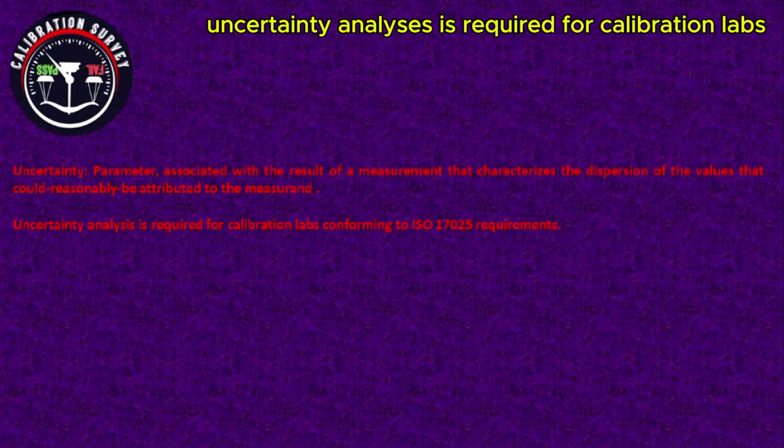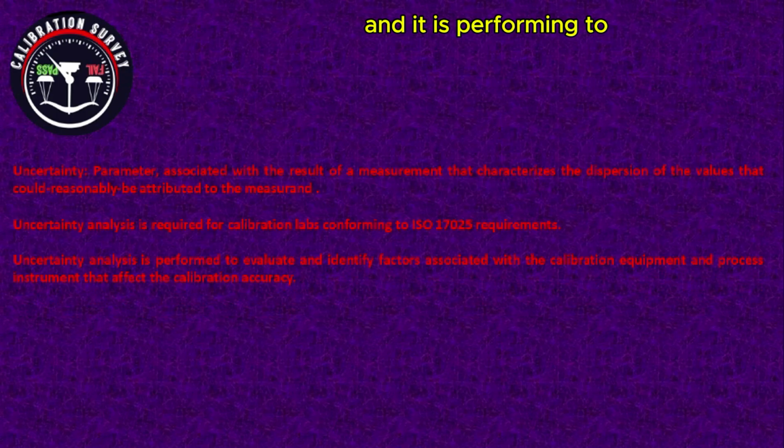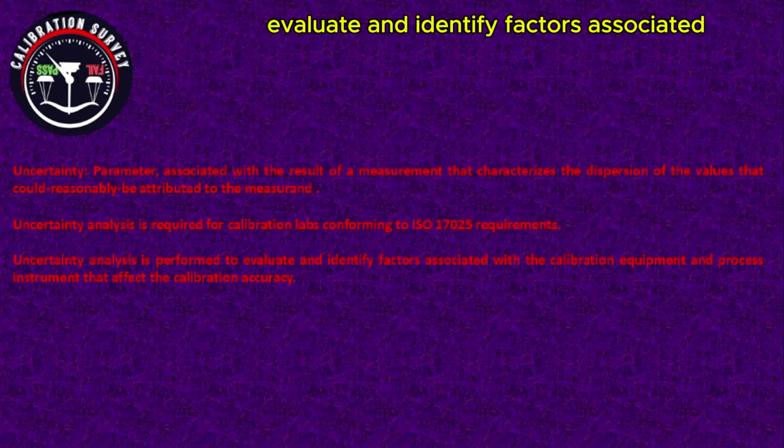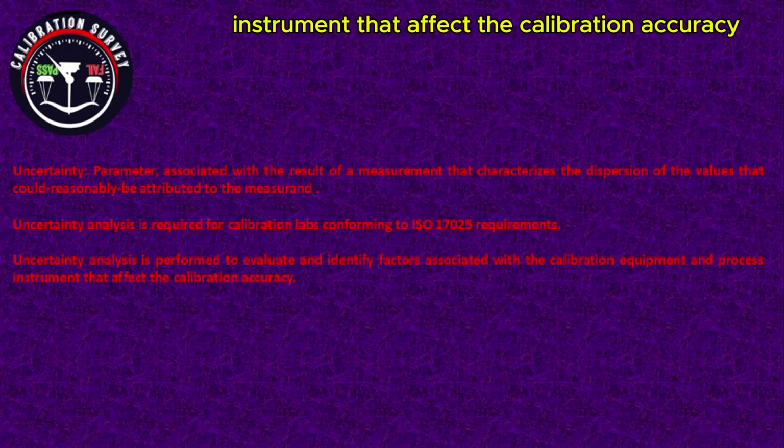So now, uncertainty analysis is required for calibration labs accredited with ISO 17025 requirements, and it is performed to evaluate and identify factors associated with the calibration equipment and process instrument that affect the calibration accuracy.